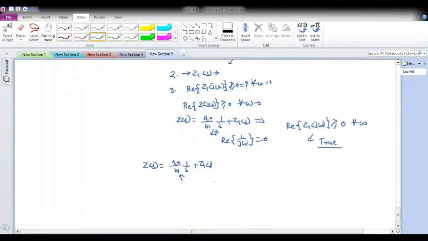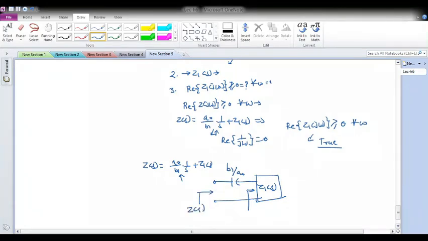So the synthesis looks like a capacitor, and then the remaining thing, which again I have to decompose, is z1 of s, and the value will be b1 over a0. Okay, and this is my z of s. Also assume that your z1 of s will also be PR. So this is the removal of pole at origin.